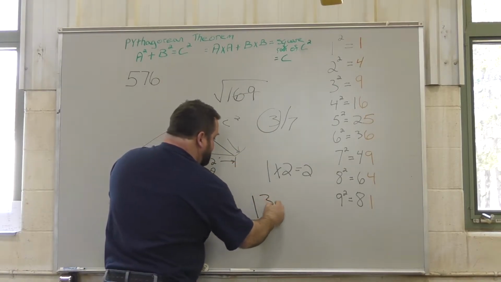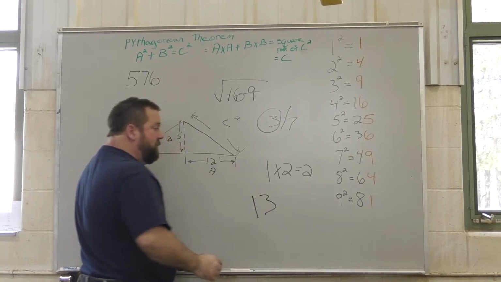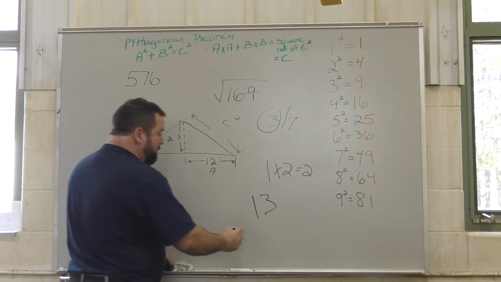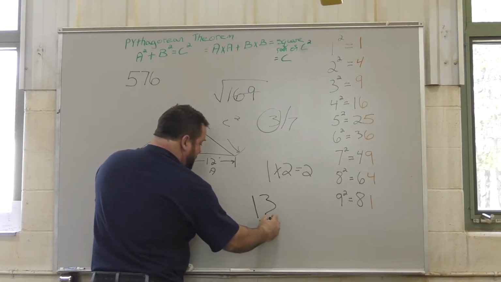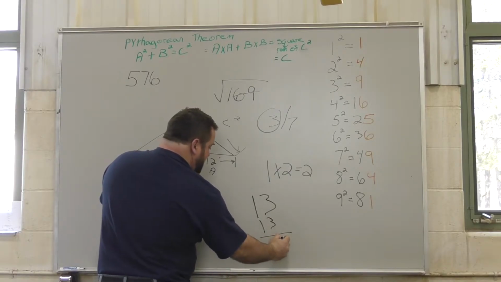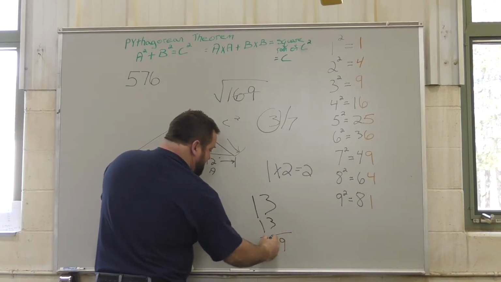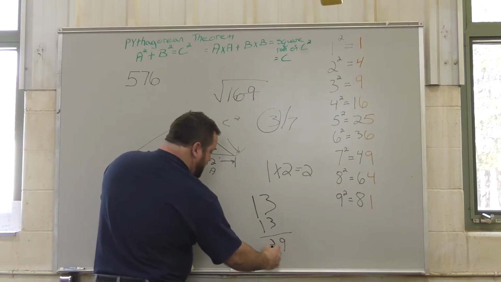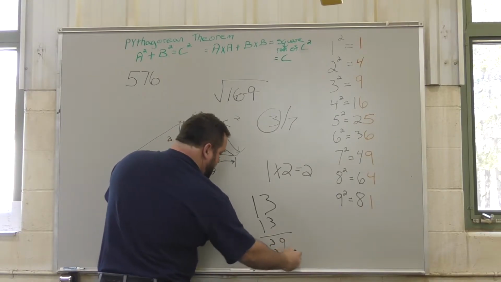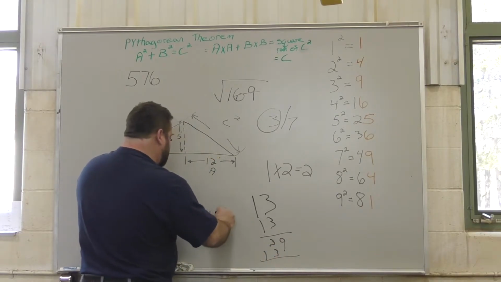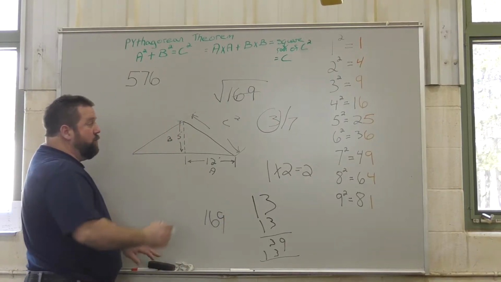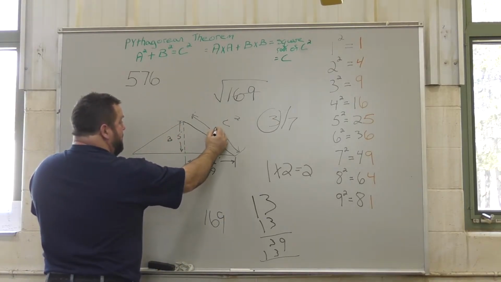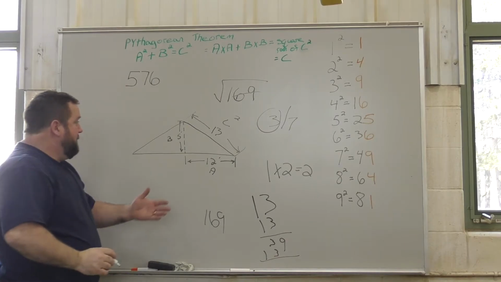So your answer is 13. 13 is the square root of 169. We can check that. 13 times 13, that's 9, 3, 3, 1, 169. So we know that this length is 13.